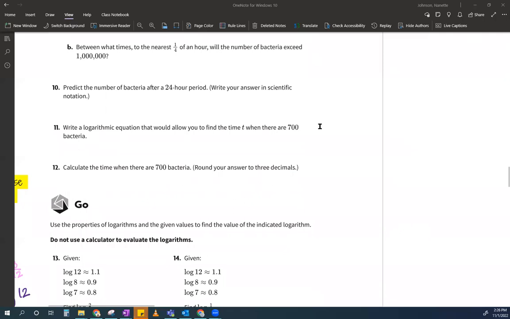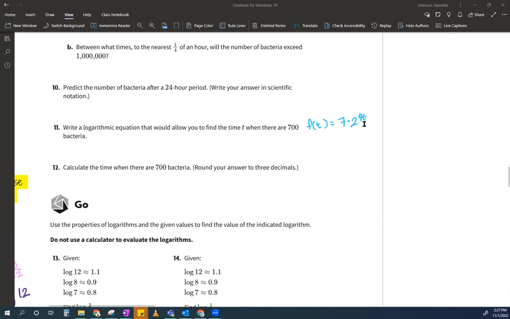So now they want us to write a log equation that would help us find the time t where there's 700 bacteria. So then you ask yourself, does the 700 go here, or does the 700 go under t? Well, if you remember from the context earlier, this was the number of bacteria after t hours.